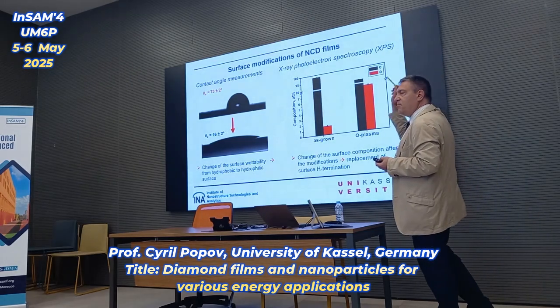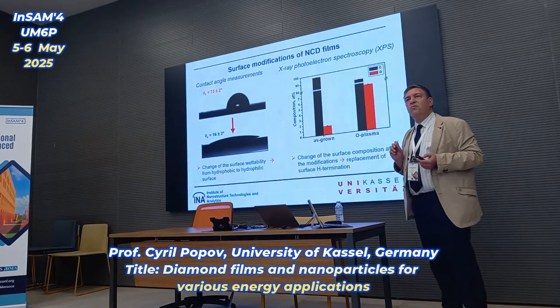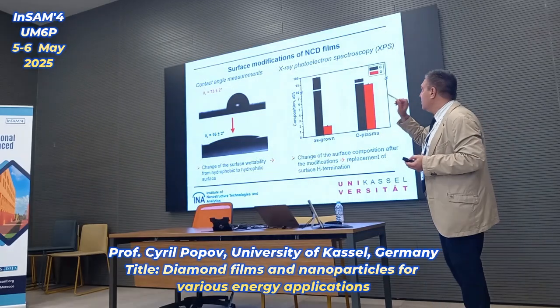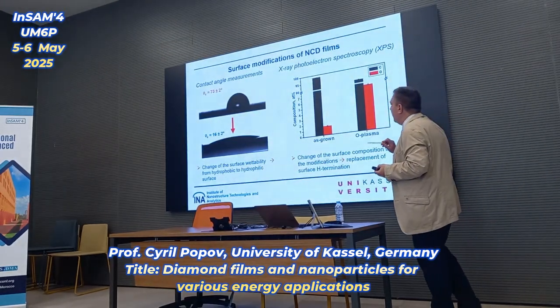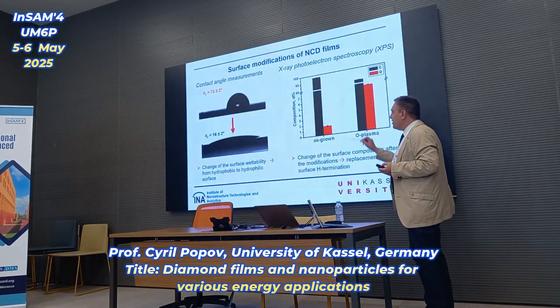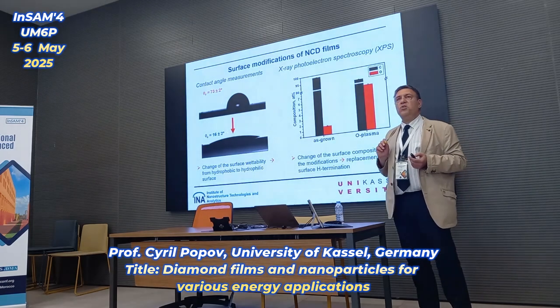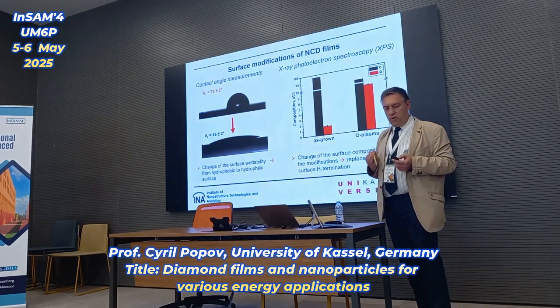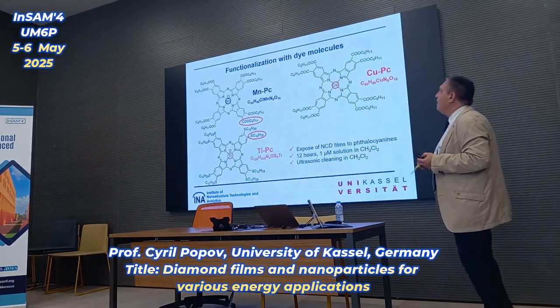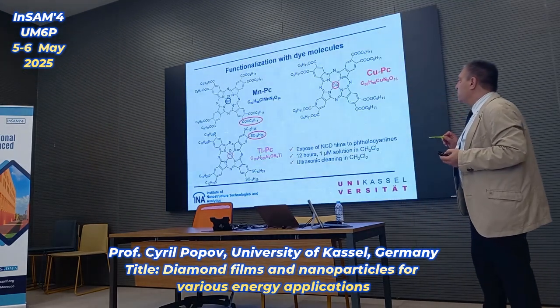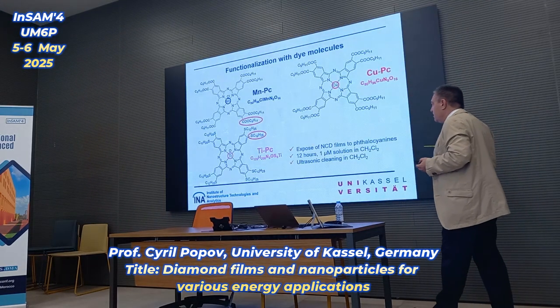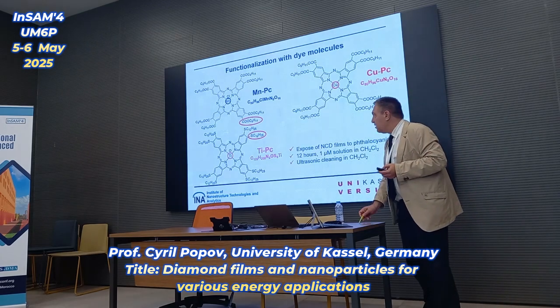Also in this case, previously I showed you the ultra nanocrystalline diamond. This is the case of the nanocrystalline diamond. We can also modify it with oxygen plasma, changing the wettability and providing some oxygen species on the surface, which are important for the grafting of the dye molecules. So these are the first molecules that we tried.